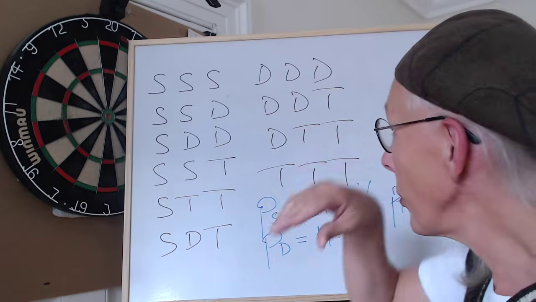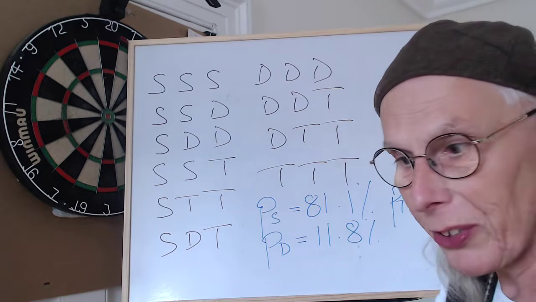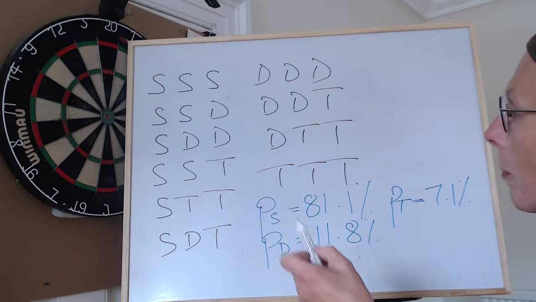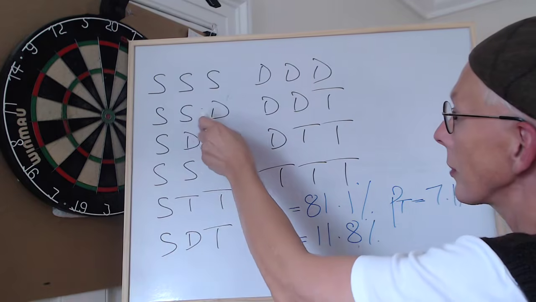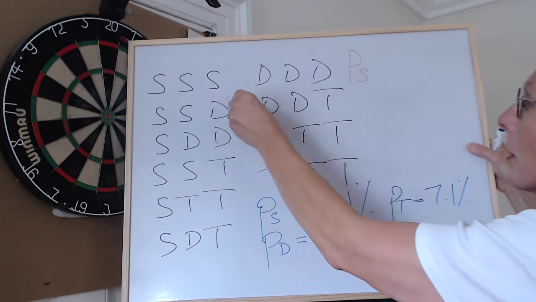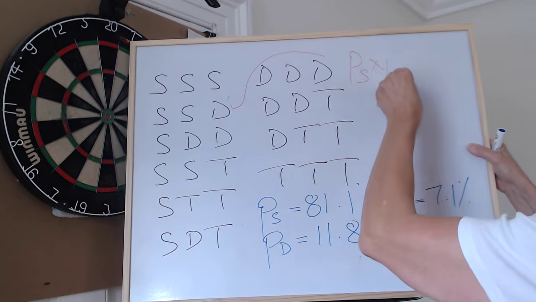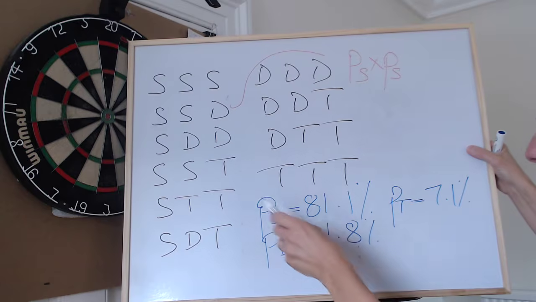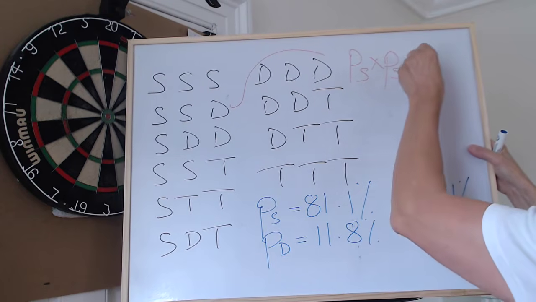So this is what you do then for this calculation. I won't go through it, but just so you know sort of what's under the hood here. So you might say, well, what's the probability of getting single, single, double? You multiply the probability of a single by the probability of a single, and then the probability of a double.